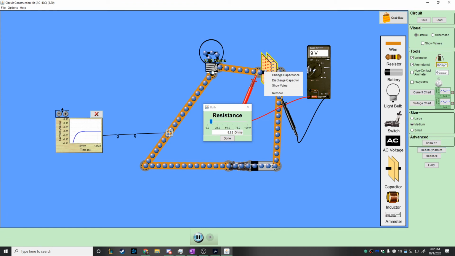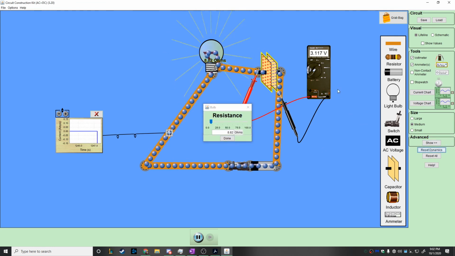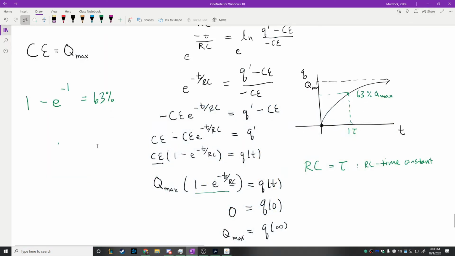And because it's R times C, if we make the capacitance bigger, it's going to charge up a little slower. Oh, no, faster, sorry. Because you multiply them. R times C, my bad. Okay. So this gives you a rough estimation of the time that it takes to charge.